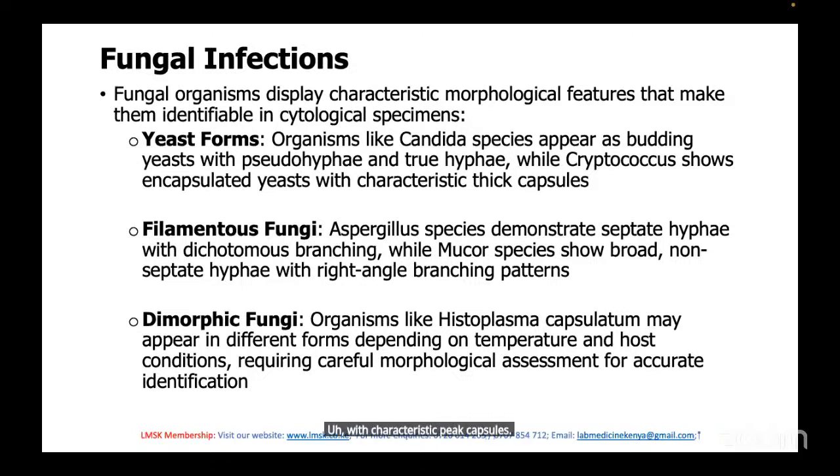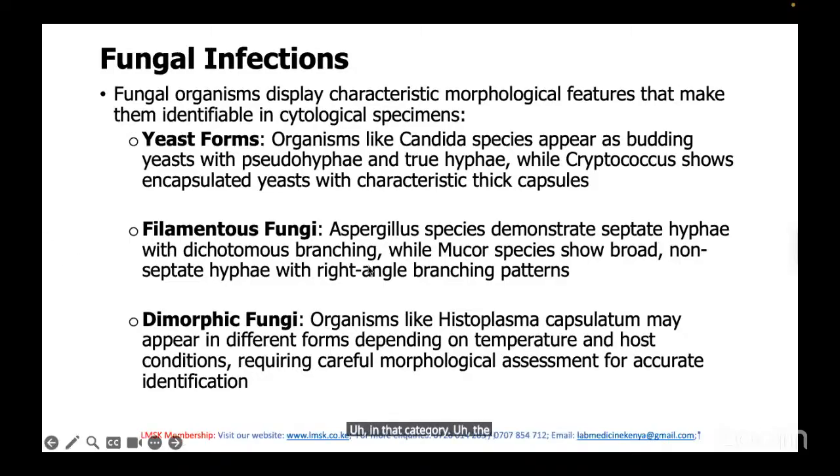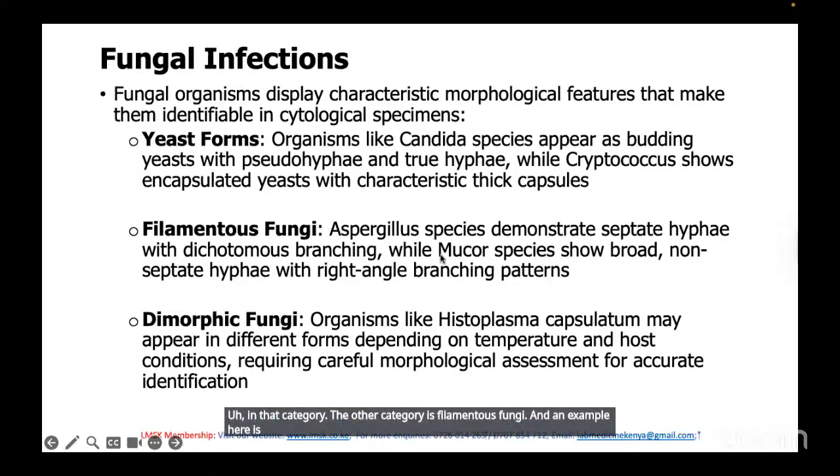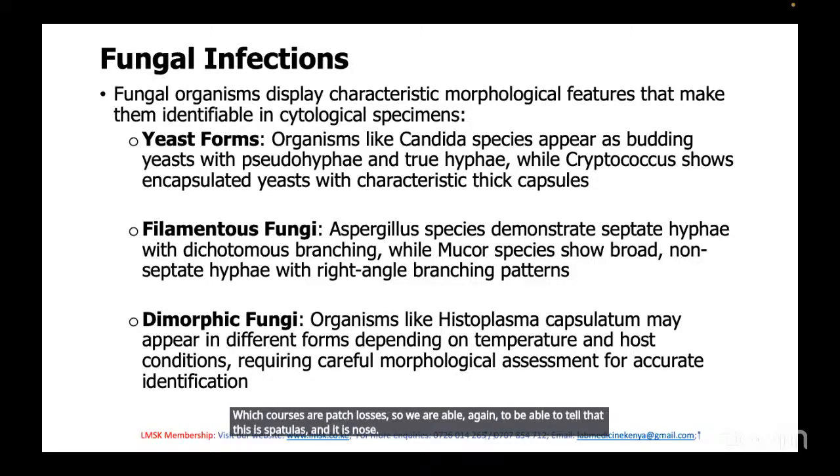We'll be able to see an example of a Candida in that category. The other category is filamentous fungi, and an example here is Aspergillus, which causes aspergillosis. So we are able to tell that this is Aspergillus and it is not Candida.